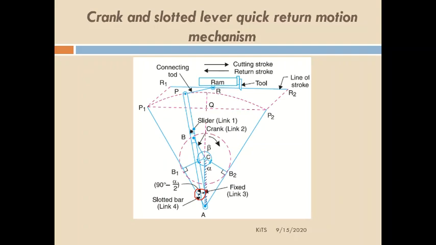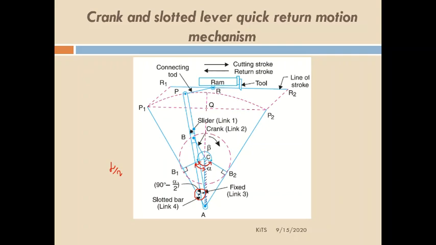Okay, because the total angle is alpha. Now half of the angle is alpha by 2. The total angle is alpha, and from the middle up to the fixed length it is alpha by 2. So this angle is alpha by 2.